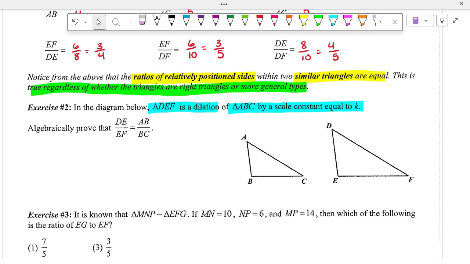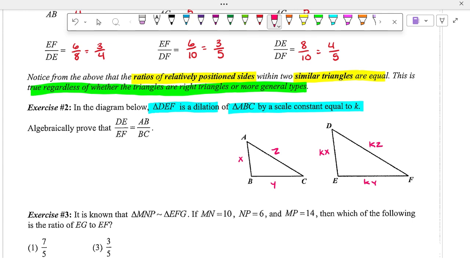If DEF is a dilation of ABC by a scale factor of K, what does that mean? So in other words, let's say I called this X, Y, Z. What would be the side lengths of DE, EF, and DF? So KX, KY, and KZ. All you would do is just take K and multiply it to the three side lengths.